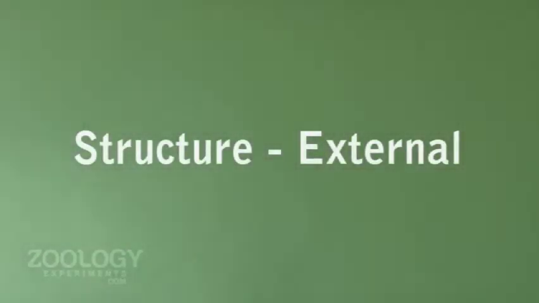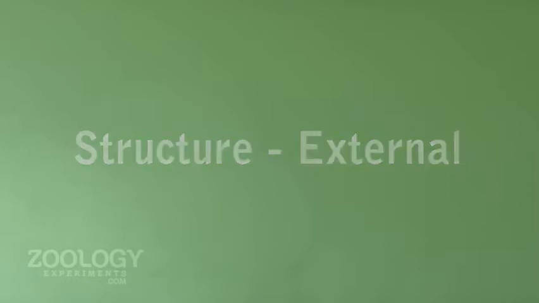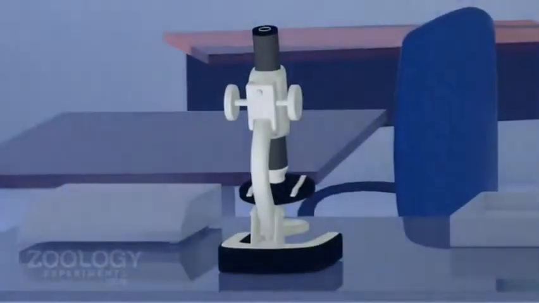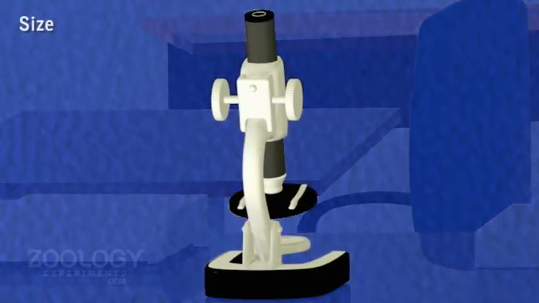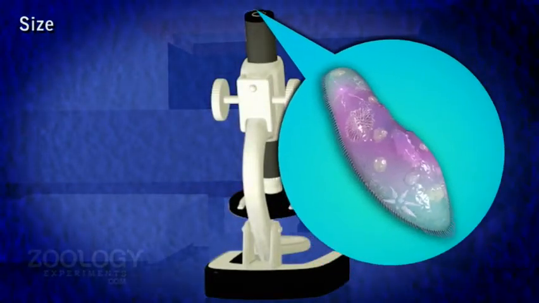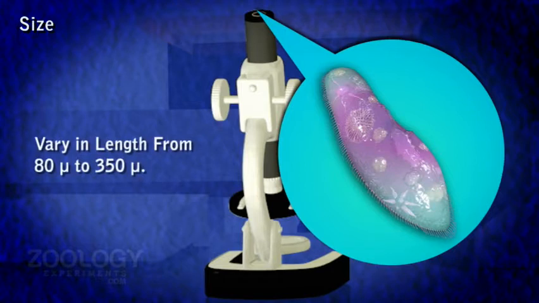External morphology. Size. Paramecium is a microscopic elongated organism. Its species vary in length from 80 microns to 350 microns.